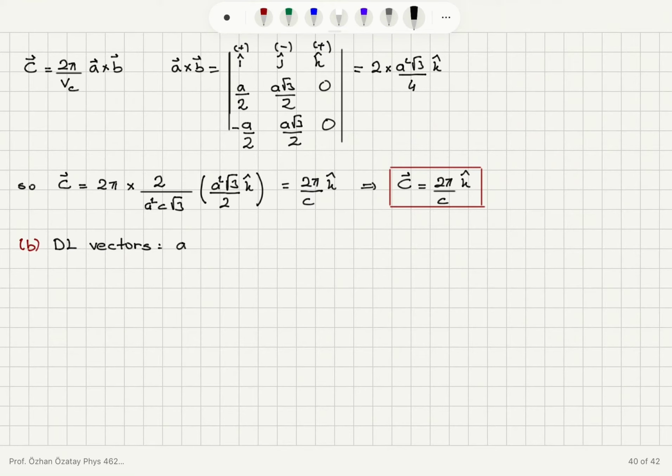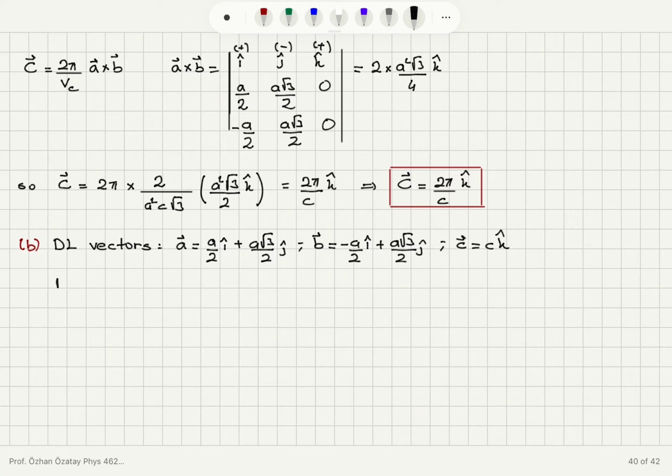The direct lattice vectors were A is equal to A over 2 I hat plus A square root 3 over 2 J hat. The second primitive translation vector, minus A over 2 I hat plus A square root 3 over 2 J hat. And the third one is C K hat.